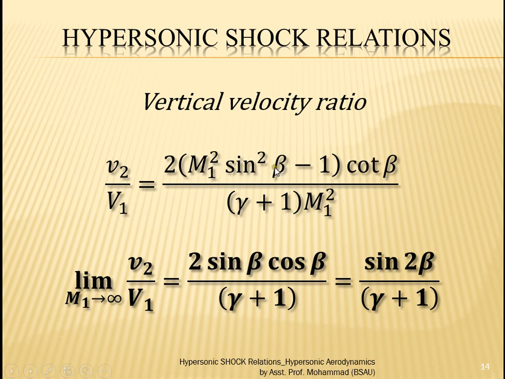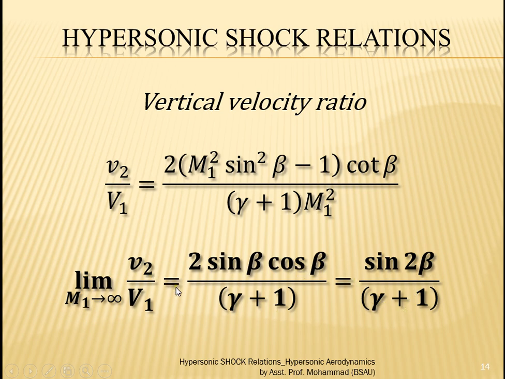So we have sin²β into cot β, and cot β itself is actually cos β by sin β. One sin β cancels here, so we have this value available here, and then this can be changed like this using trigonometric relations. We know that 2 sin β cos β is equal to sin 2β, then γ+1.